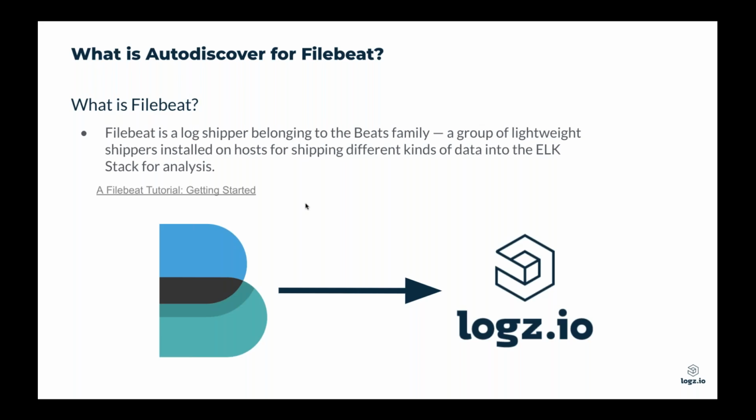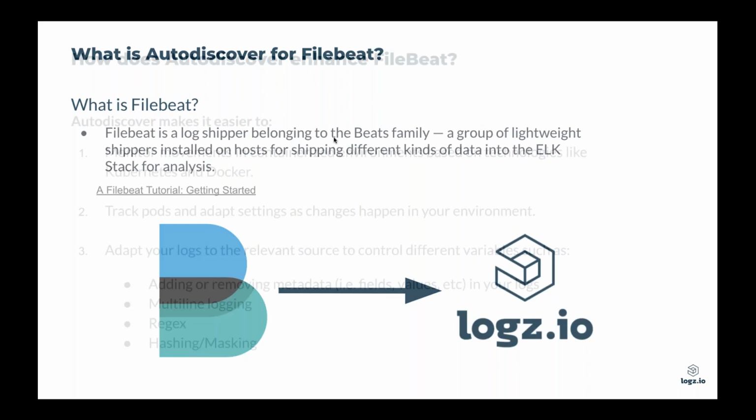That's the crowd favorite. But since Autodiscover was added to FileBeat, this is a great option to use, which will give you a lot of different capabilities, and we'll talk about them in a moment. But just to give you a brief idea of what FileBeat is and what it does: it ships logs to an ELK stack.